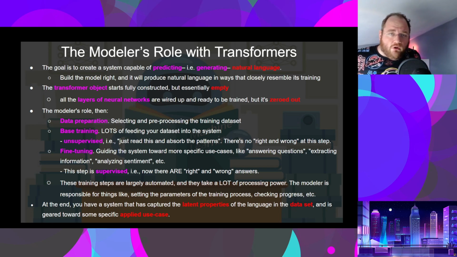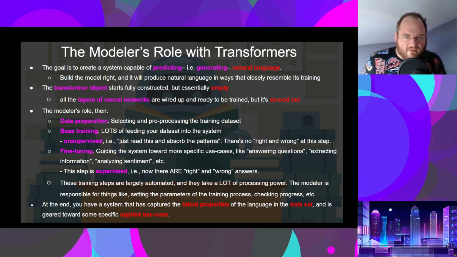Your goal with the architecture is to create a system capable of predicting, as with all models, but also, as we've discussed with computational modeling, generating natural language. That natural language might be of a specific kind.